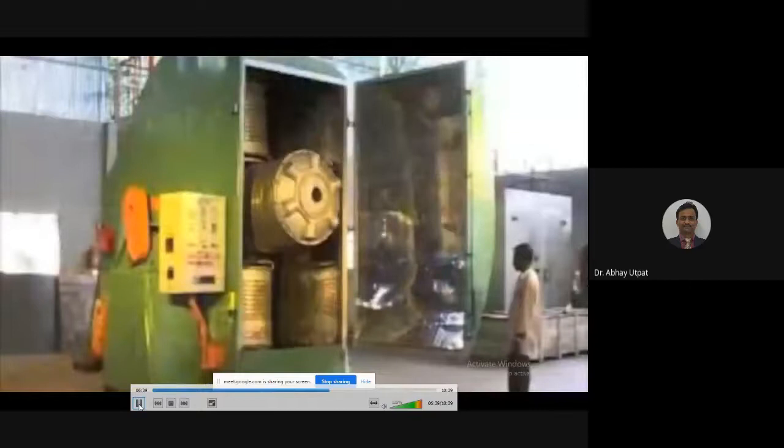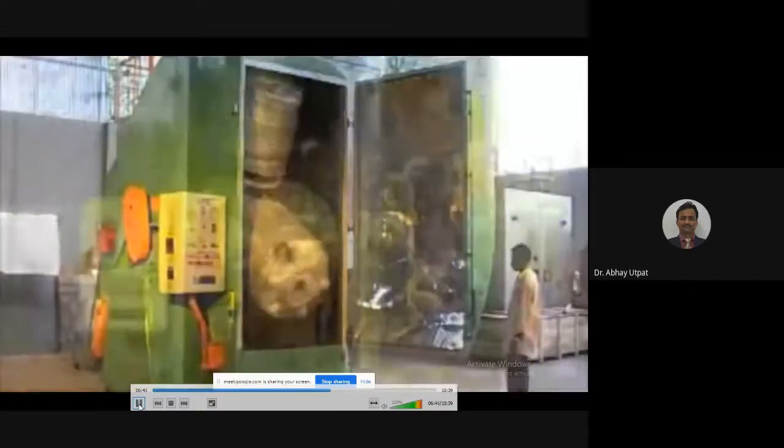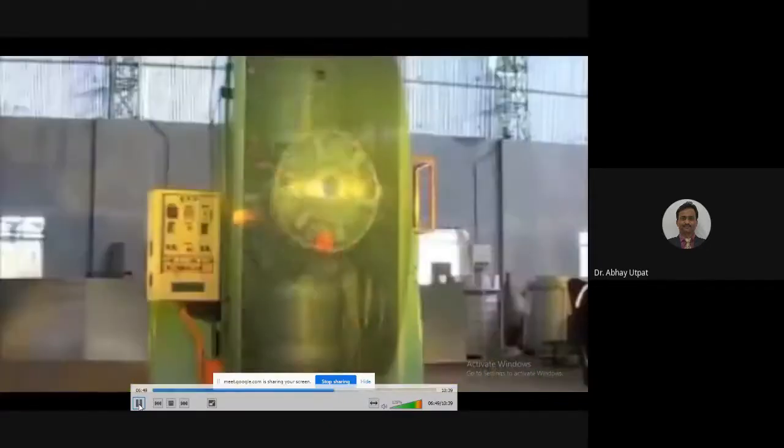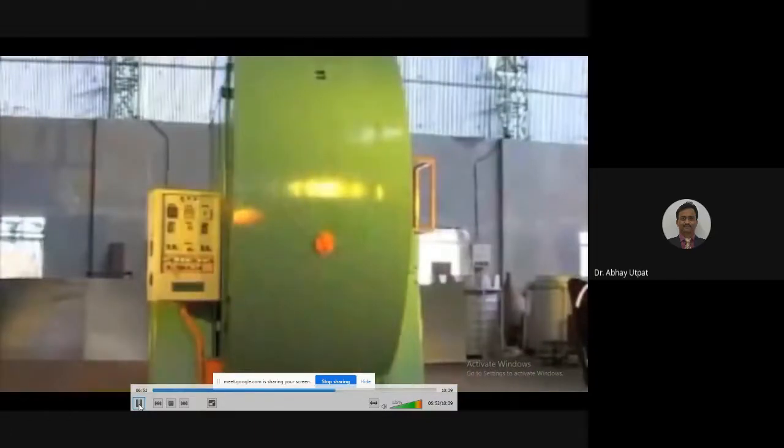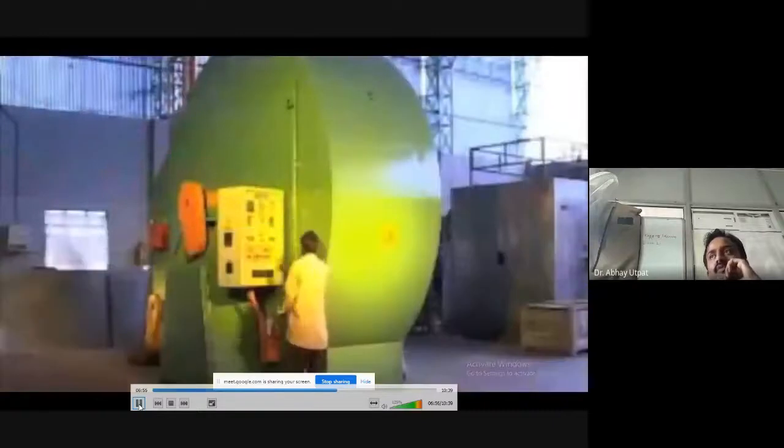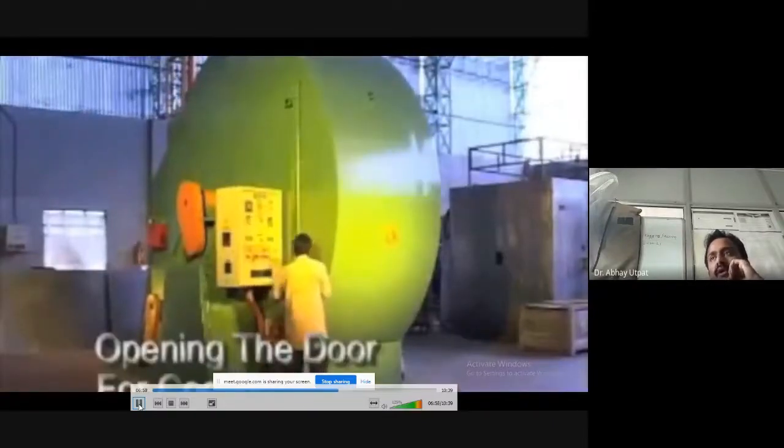Again, tightening of the cap. Now it is ready. It is rotating at two axes. After some time, you will observe that it is converted into a beautiful water tank.